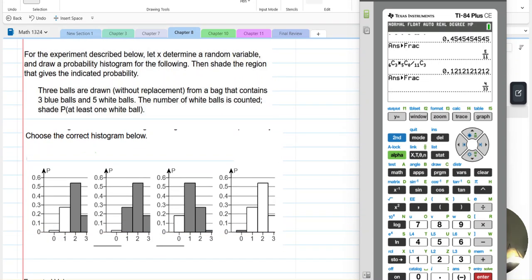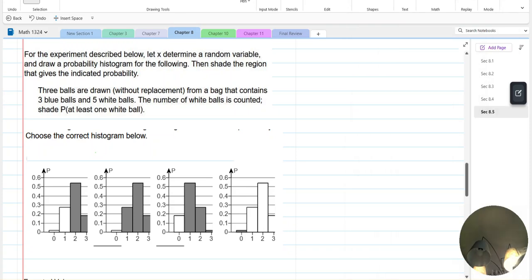In this one, they talk about a histogram. So we are too. The histogram, a diagram, is a graph.